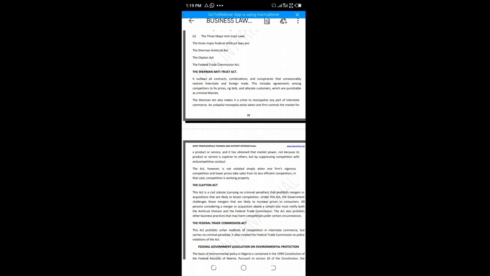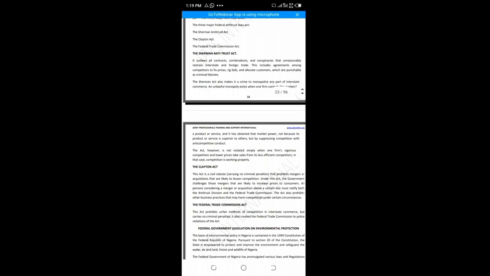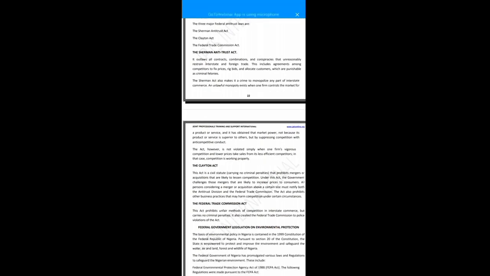Let's look at the Federal Trade Commission Act. This act prohibits unfair methods of competition in interstate commerce, in the buying and selling between different states, but carries no criminal penalties. It also created the Federal Trade Commission to police violations of the act.